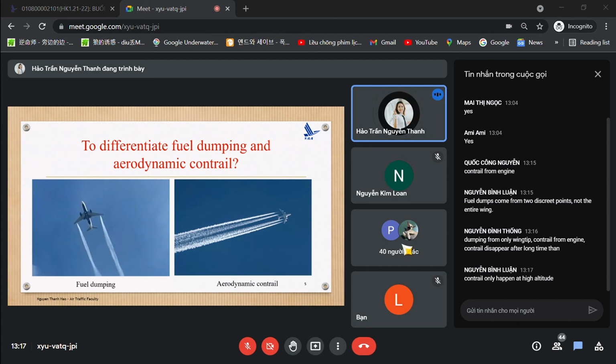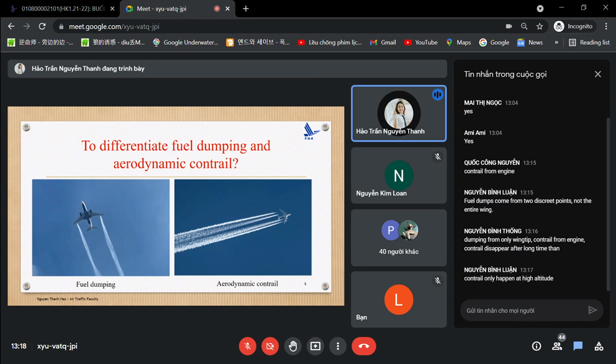In fuel dumping there are only two flows, and in aerodynamic control there are more than two flows. So that is the main difference. The phenomenon that you usually see in the sky is aerodynamic control, not fuel dumping.